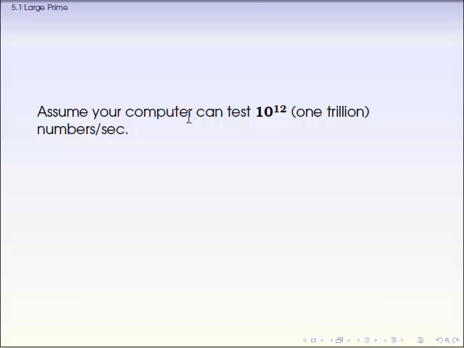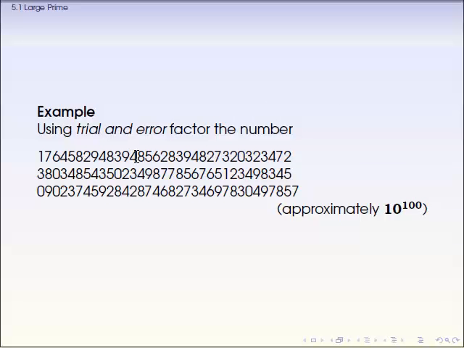Let's say we have a computer which could perform 10 to the 12 operations per second, which means let's assume we know all the prime numbers up to 10 to the 20 or 30 digits. Then let's say we could divide this number by each of those prime numbers starting from 2.